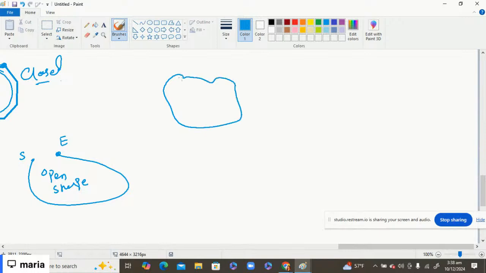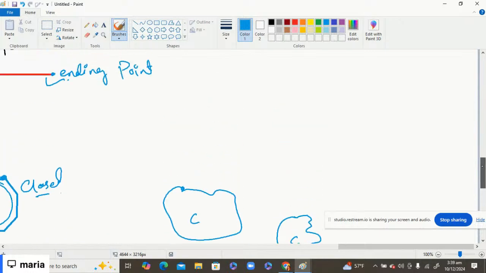So look, its starting and ending point meet. Starting and ending point are the same. When we start at this point, then we also end at this point. So this is closed. This is also closed. This is also closed. Okay.